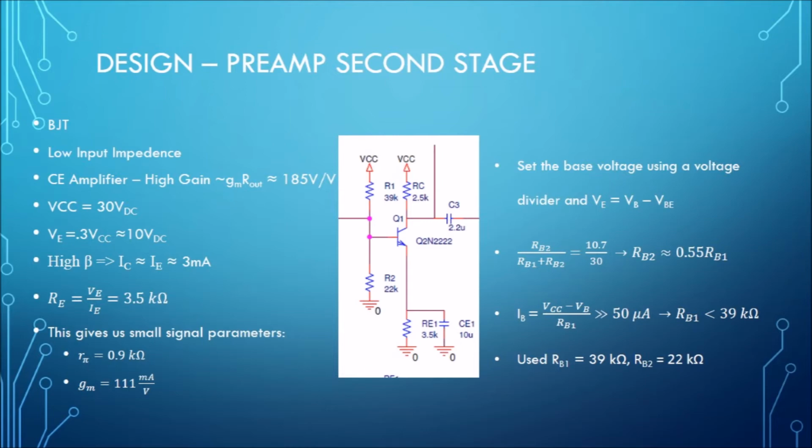This matching is not great, so it lowers our gain a little bit, but overall we get a total gain of about 70 volts per volt, which is high enough that we can use a feedback resistor to give us a more stable gain amount. And so we used a 30K resistor to get the gain we need.